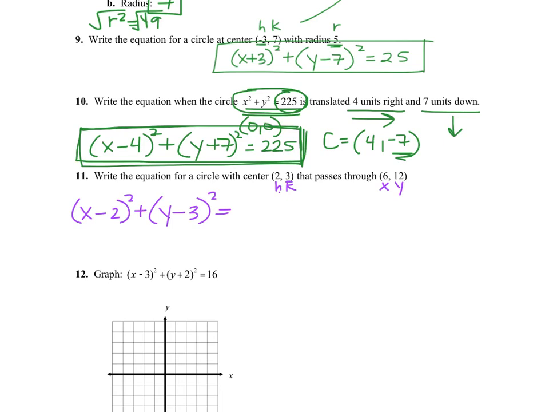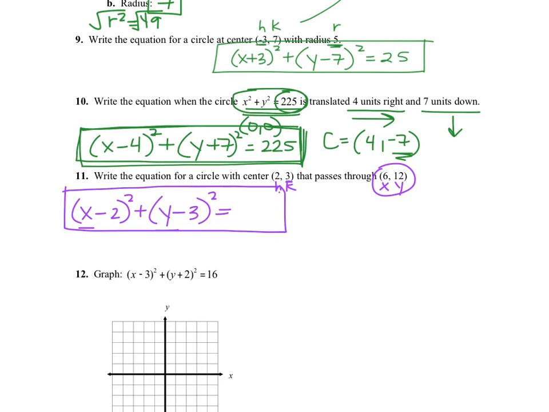But we don't know that yet. So what we're going to do is take (6, 12) and plug it in here. I'm going to rewrite it so that we don't lose what our answer will be, because this is going to be our answer.